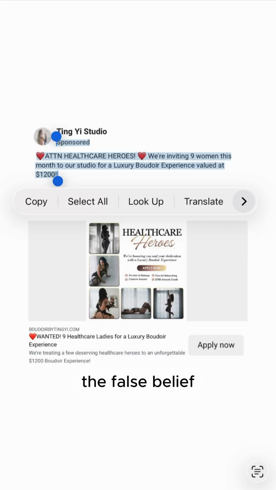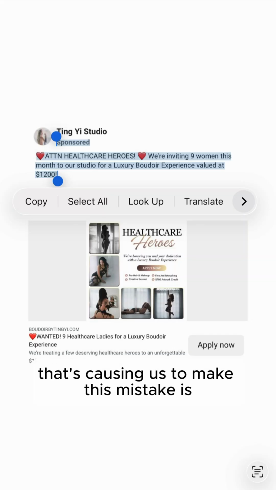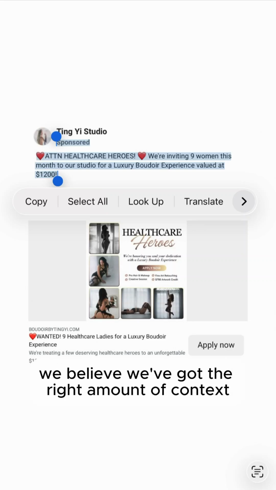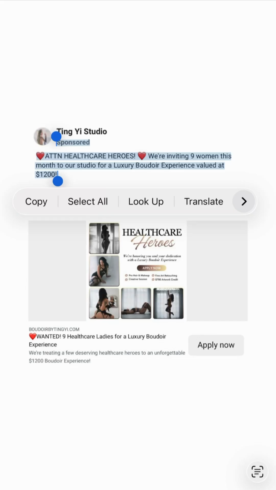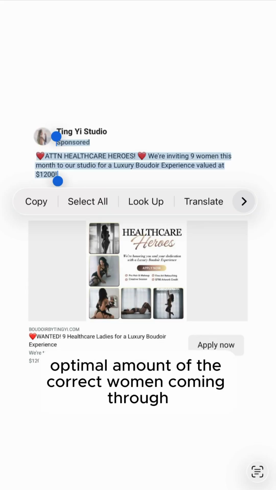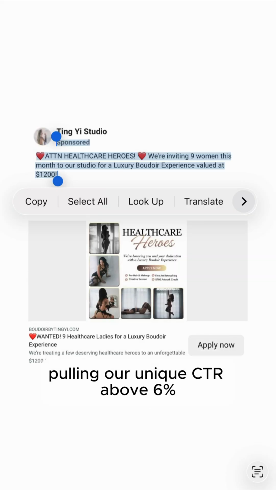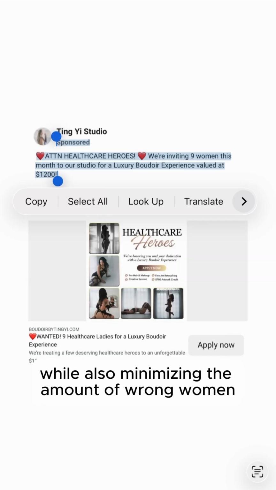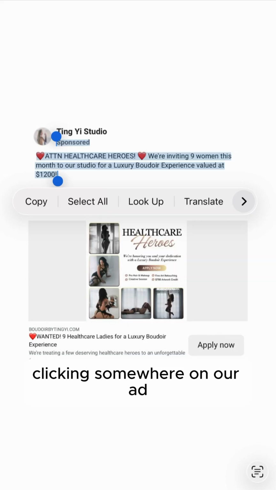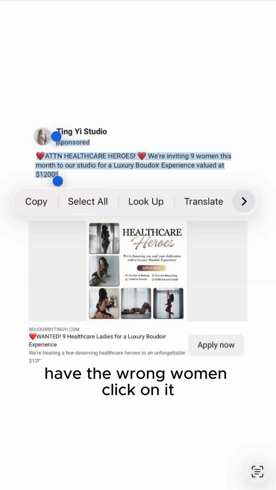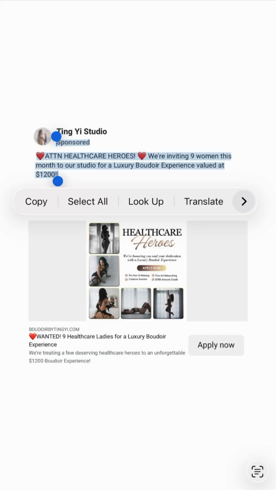The false belief that's causing us to make this mistake is we believe we've got the right amount of context to have the optimal amount of the correct women coming through, pulling our unique CTR above 6%, while also minimizing the amount of wrong women clicking somewhere on our ad, because we don't want to confuse the Meta ad algorithm by having the wrong women click on it.